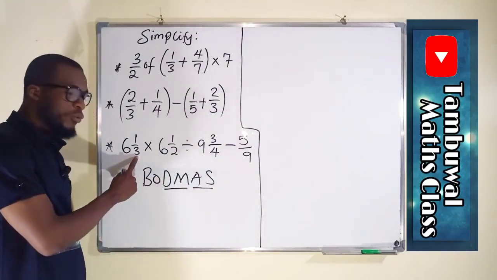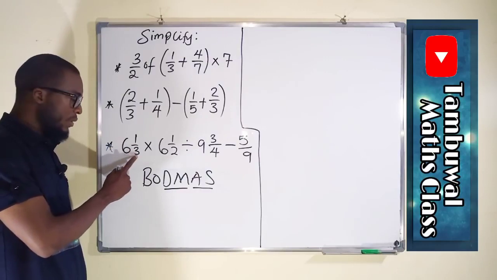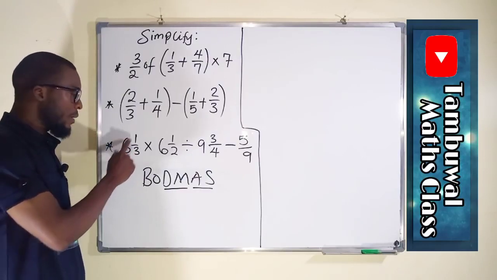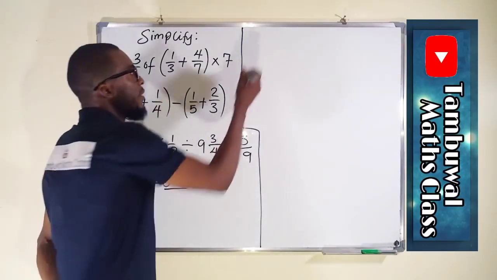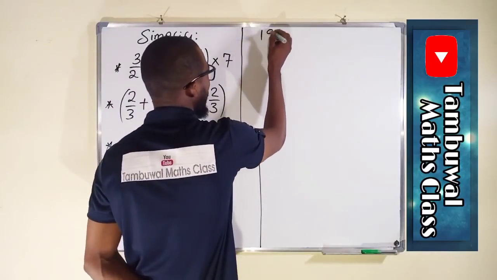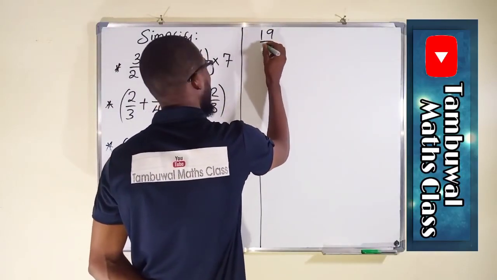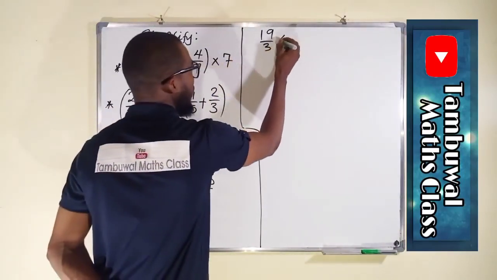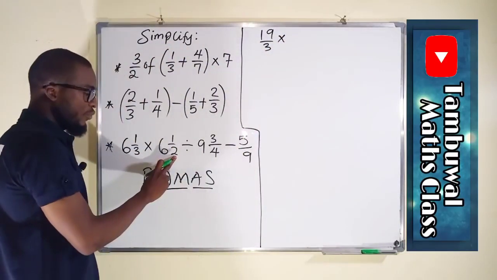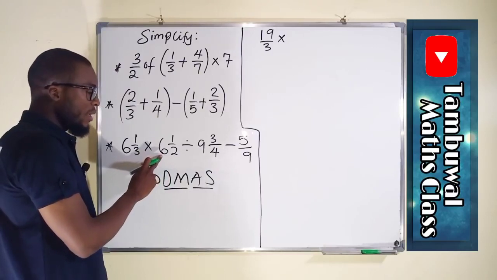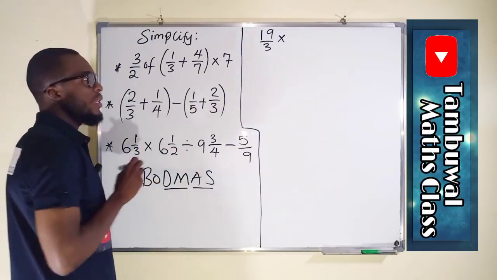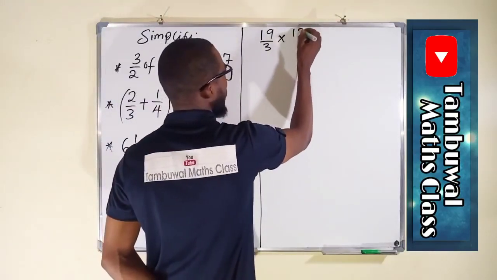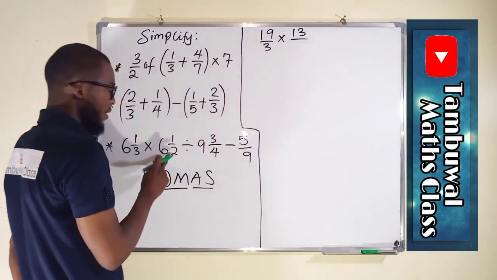You take this denominator and multiply it by a whole number. 3 times 6 is 18, plus 1 is 19. So we have 19 out of 3. Our multiplication sign, 2 times 6 is 12, then 12 plus 1 is 13 out of 2.